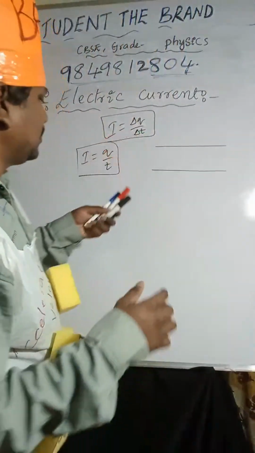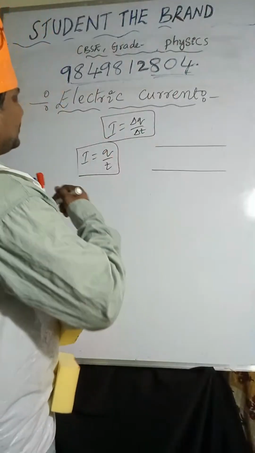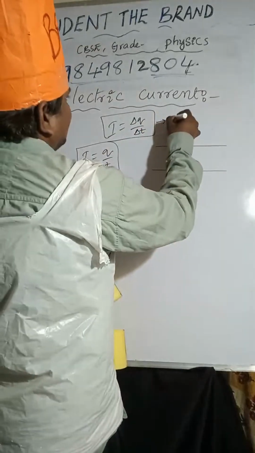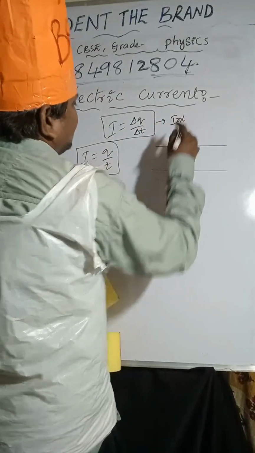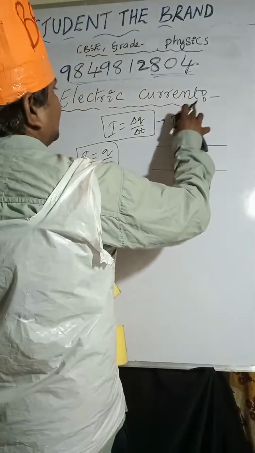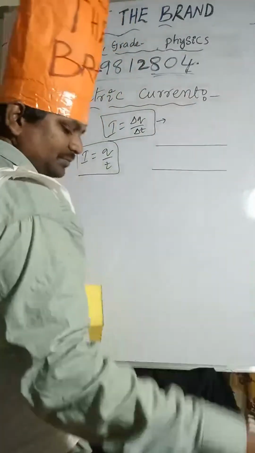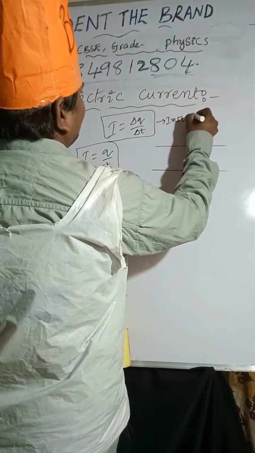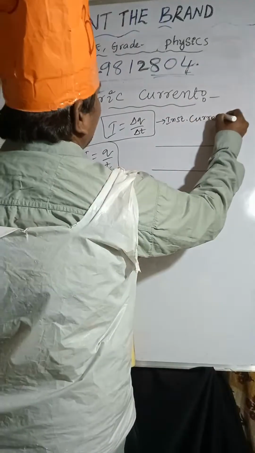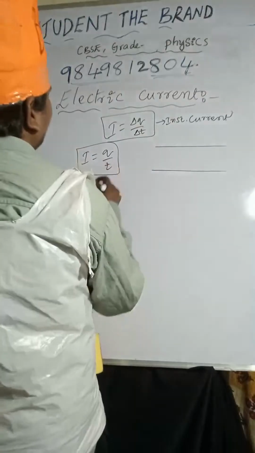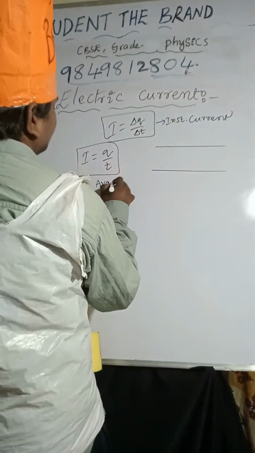So that is I equal to Q by T. I equal to delta Q by delta T is instantaneous current, and I equal to Q by T is average current.